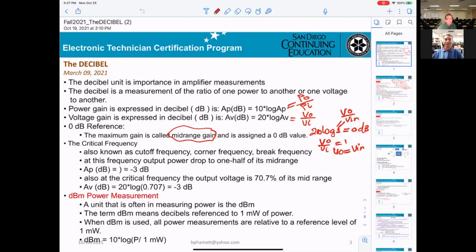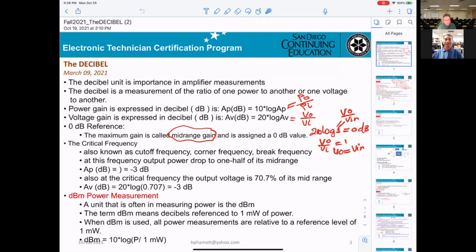Now, the 0 dB reference. When you look at the gain of the voltage, AV equals VL over V in. If VL over V in equals 1, that means V out and V in are the same.